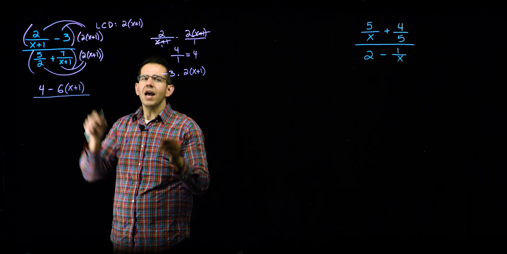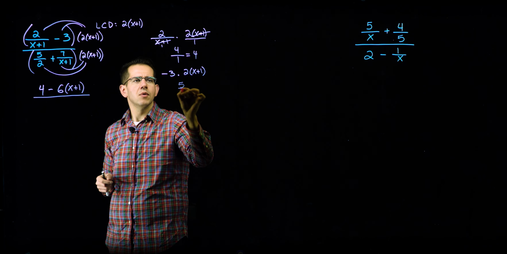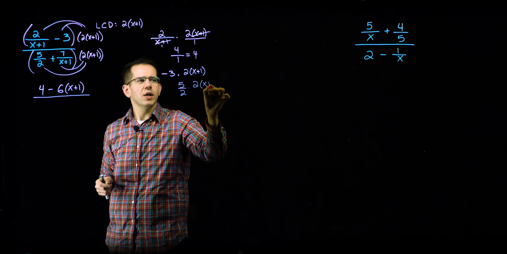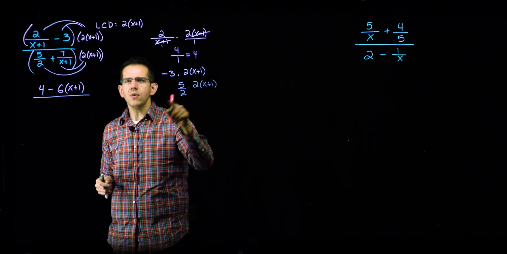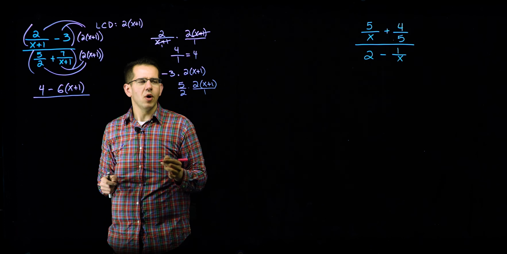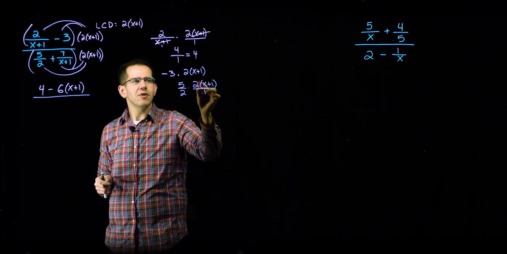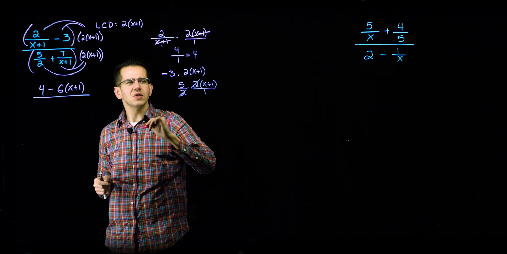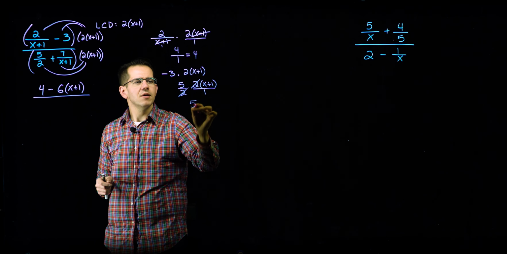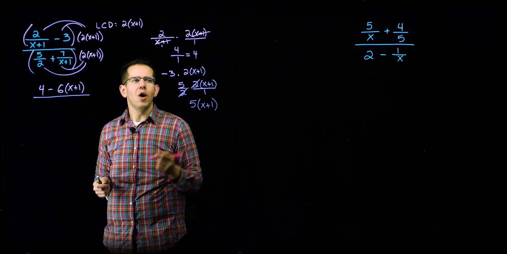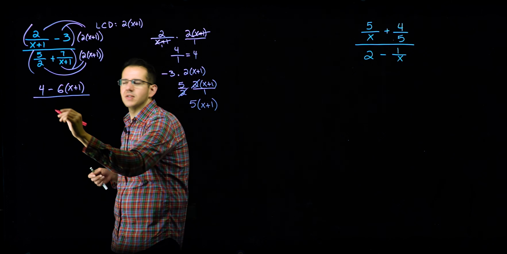Over that, 5 over 2 times 2 times x plus 1 again. In this case, we do have a fraction. So we'll put this 2 times x plus 1 over 1 and cancel out these 2's just like we canceled out the x plus 1 factors, leaving us with 5 times x plus 1 all over 1.